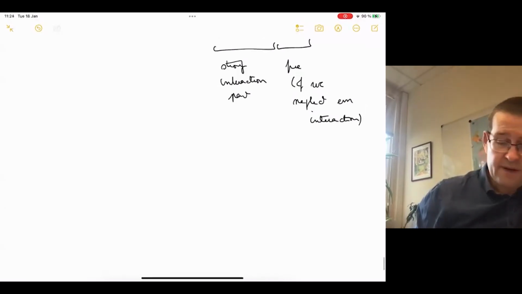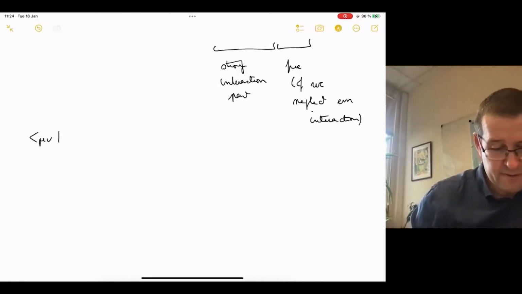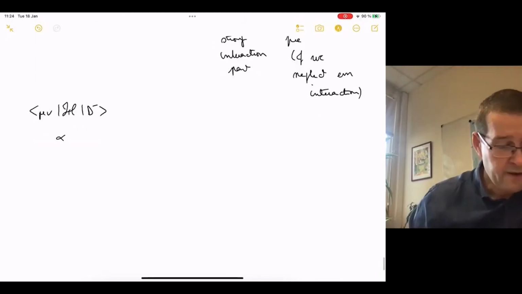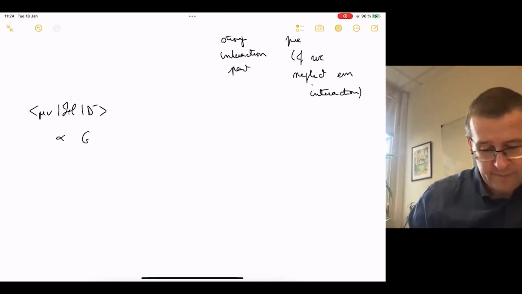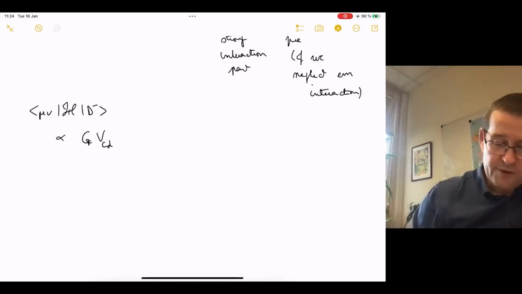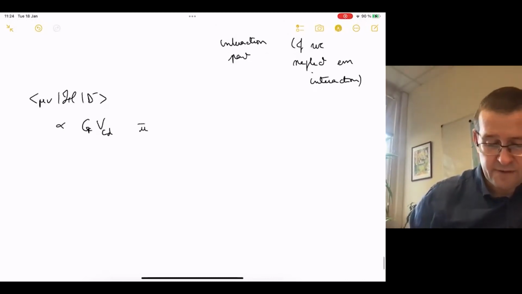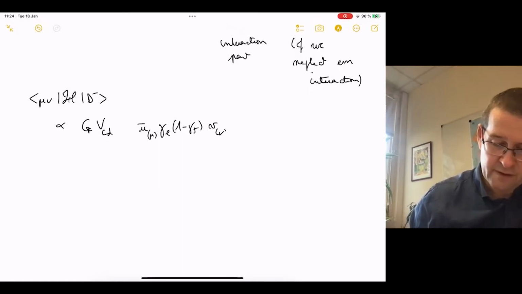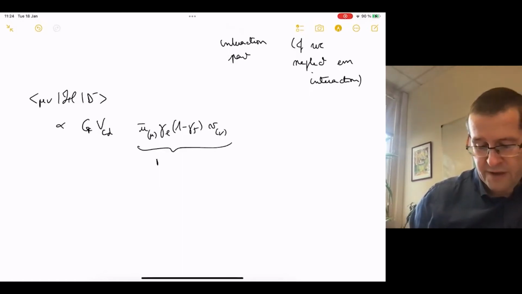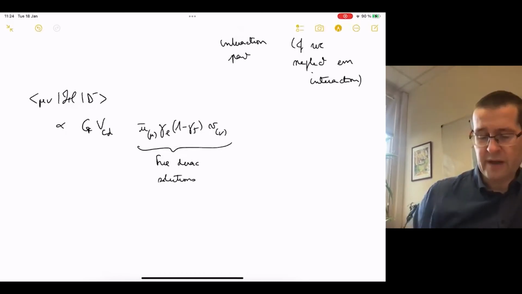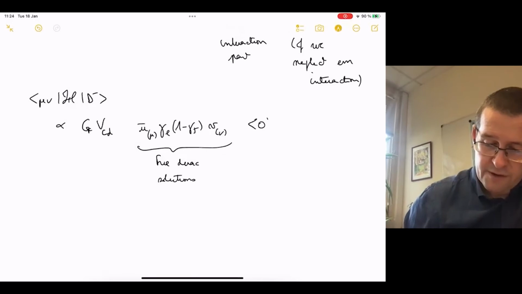And so imagine that you do your computation inside your effective theory. Then you would have something proportional to G_F V_cd, and then you would have, so here I'm a bit more careful concerning my notations, the free Dirac solutions. So these are the spinors, and then you've got a remainder.